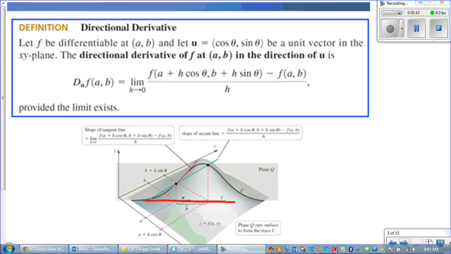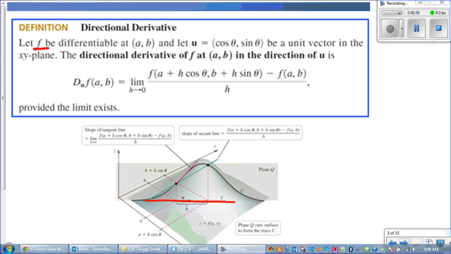So I'm going to parameterize that line L down in the xy plane. Then I'm going to define a new function, g, in terms of that single parameter that'll have the same values as this function f that gives us the surface. So if the function that I come up with, g, has the same values as f, then that means it'll have the same derivative at any given point.